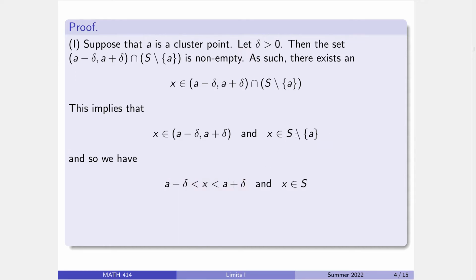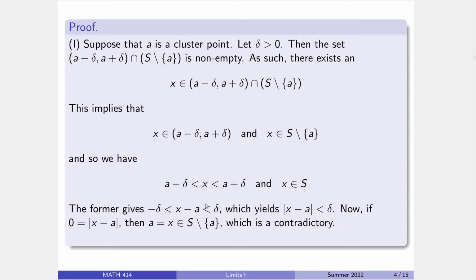If we're in this set, that means we're in S, and we're also not equal to A. In particular, the former is going to guarantee this is true, and then by my properties of absolute value, we know that holds. And if this was actually equal to 0, then A and X would be equal, but that would mean A belongs to a set it doesn't belong to, which is contradictory. And that concludes it.